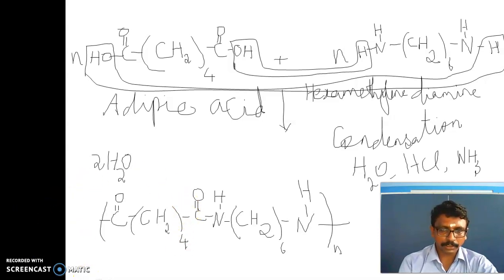If we put the closed bracket and the n, this indicates the polymer.